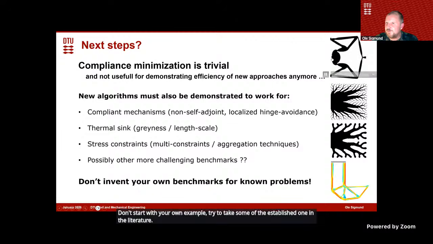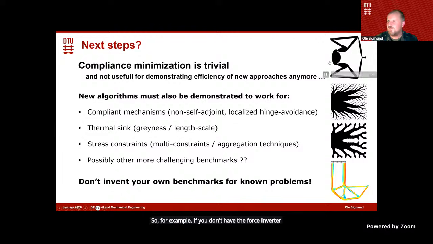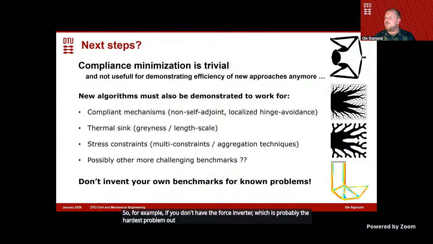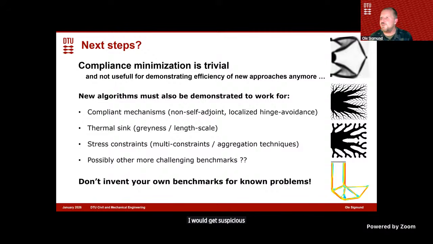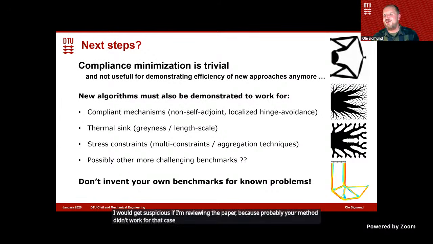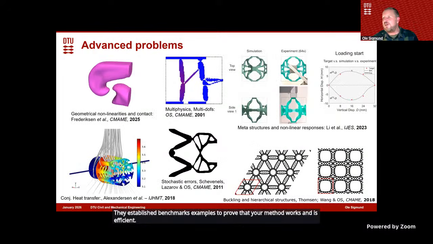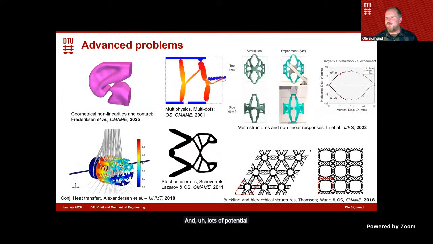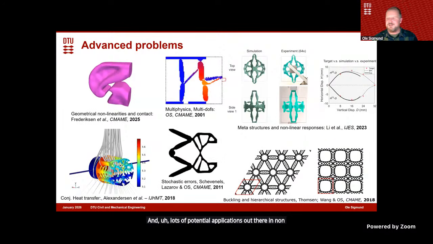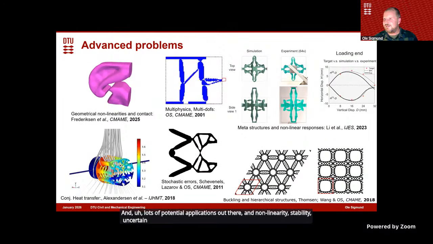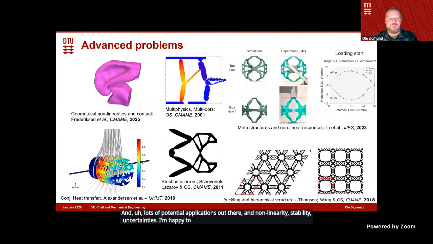For example, if you don't have the force inverter, which is probably the hardest problem out there, then I would get suspicious if I'm reviewing the paper, because probably your method didn't work for that case. So better use the established benchmark examples to prove that your method works and is efficient. And there are lots of potential applications out there, and nonlinearity, stability, or uncertainties. I'm happy to answer more questions on that.